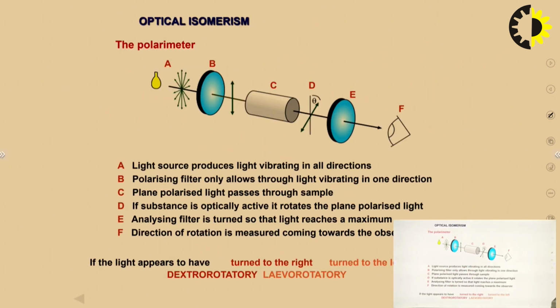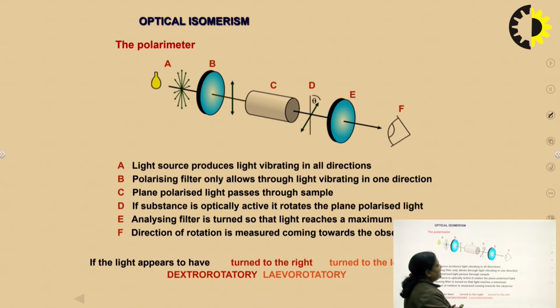Now, how do we check optical isomerism? To check optical isomerism, we take a polarimeter. We know that ordinary light has vibration in all directions, but when we pass it through the Nicol prism, its vibration becomes in one direction. So it is there like this. And when we pass this light through a polarimeter, in which there is a tube where the solution is kept, it rotates the plane polarized light in some direction.